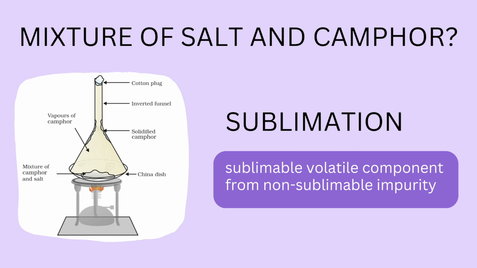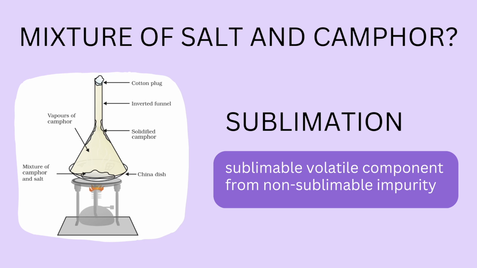Now once you start heating this, the camphor will get heated along with the salt in that mixture, and the vaporization point of camphor would occur, and at that time camphor would start becoming into vapors and they reach the walls of the funnel.